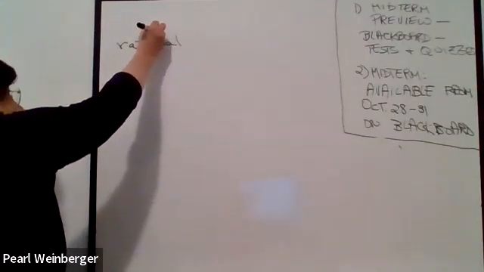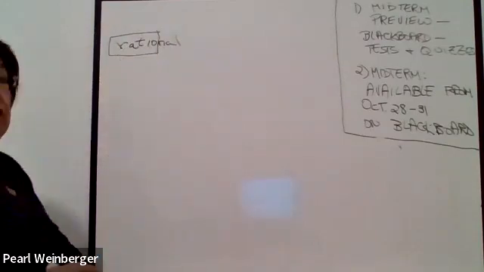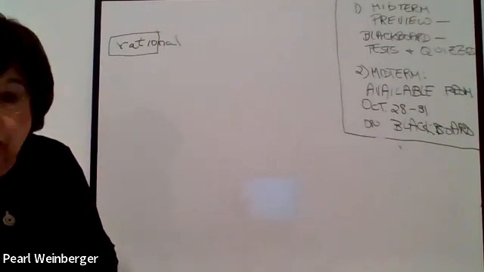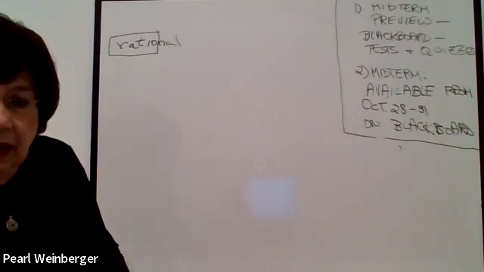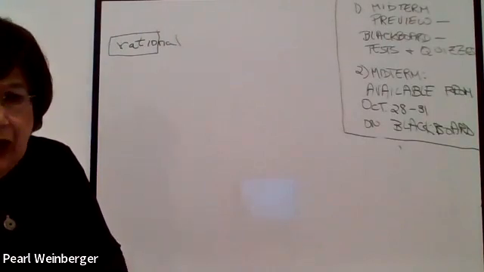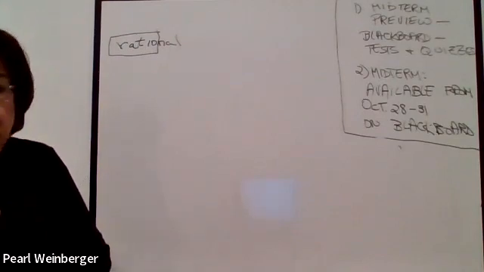The word rational, its root is ratio, and a ratio is a fraction. A rational expression is a fraction that specifically is an algebraic fraction. It has letters in it, not just numbers.